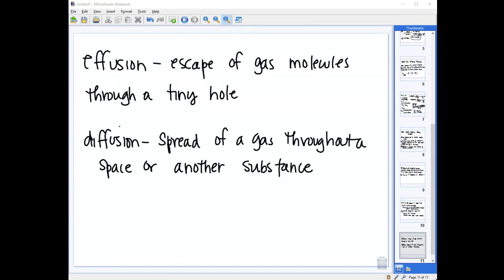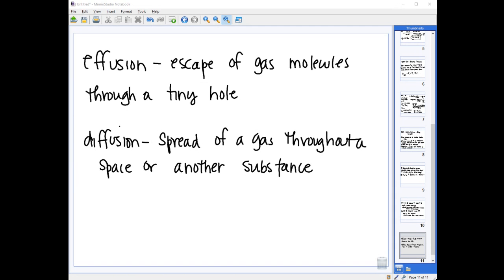The last thing I want to briefly mention is about real gases. Everything we've looked at thus far in terms of this ideal gas law and these ideal gases, we were looking at an ideal gas, really a gas that doesn't exist, that behaves the same way under all conditions.